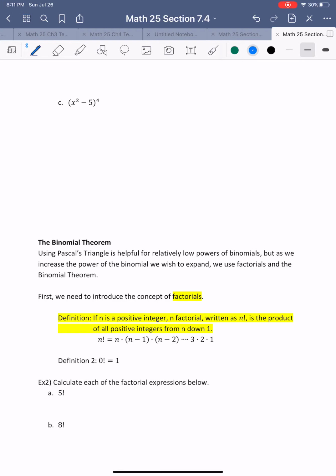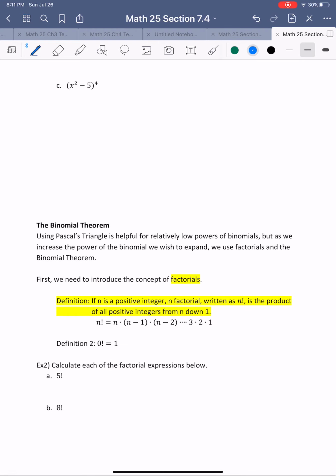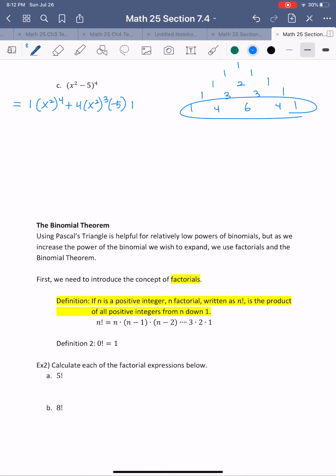I have (x squared minus 5) to the fourth power, okay? So I'm using Pascal's triangle, so I got 1, 1, 1, 1, 2, 1, 1, 3, 3, 1, and 1, 4, 6, 4, 1. I think I'm going to use this because it's the fourth power. So 1 times (x squared) to the 4 plus 4 times x squared is decreasing, and negative 5 is increasing.